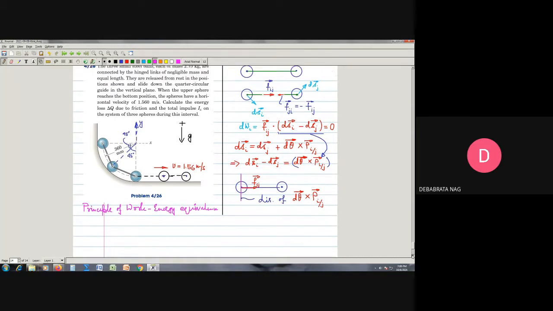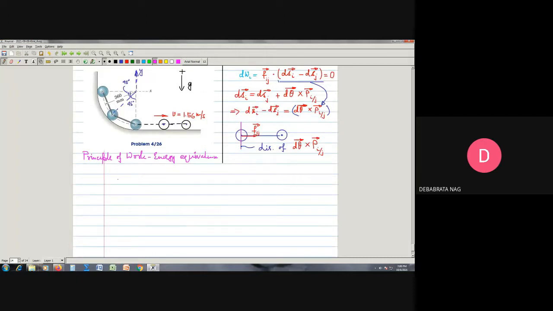If you recall our work energy equation, when we have this group, it can be written in this format: summation i from 1 to n of the total work, which is given by delta T, the change in kinetic energy, plus delta Vg, the change in gravitational potential energy, plus delta Ve, the change in elastic potential energy for each particle.